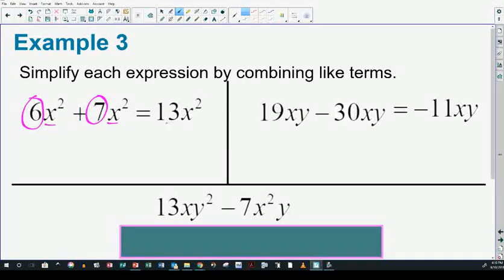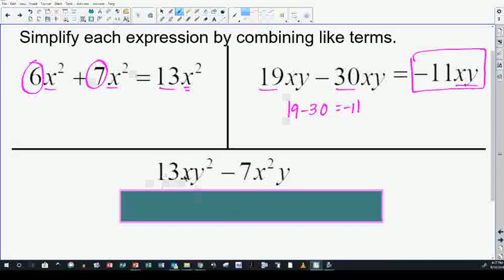So 6 plus 7 is 13. And then you just bring the term over with you. Here, I have 19 and negative 30. Since they both have the term xy, then xy will be part of my answer. Since 19 minus 30 is negative 11, your answer is negative 11xy.